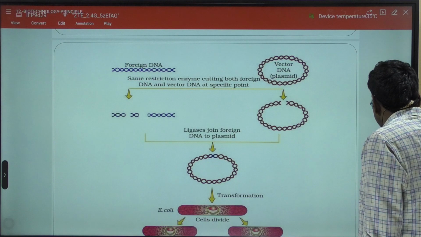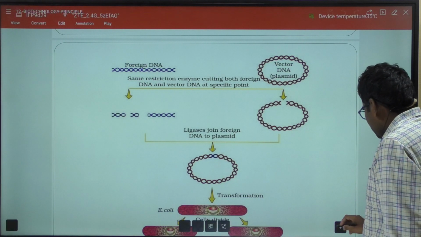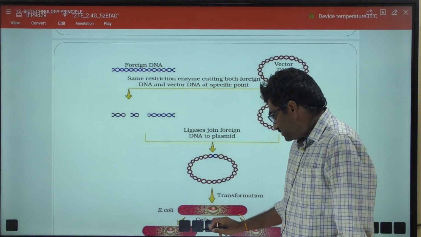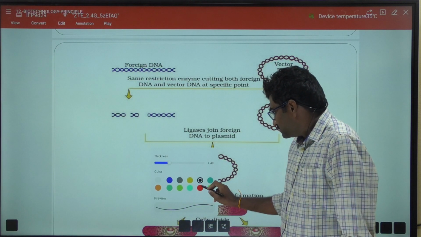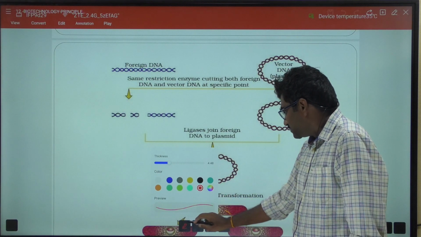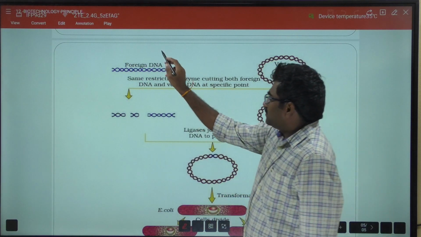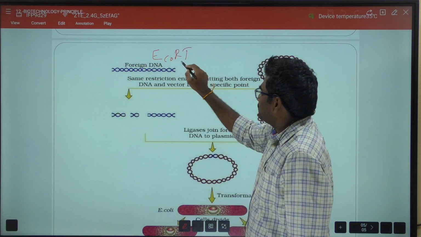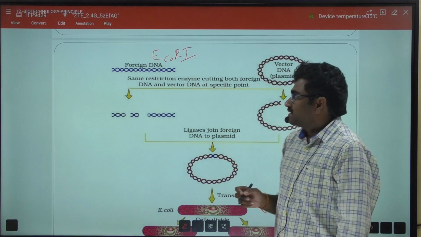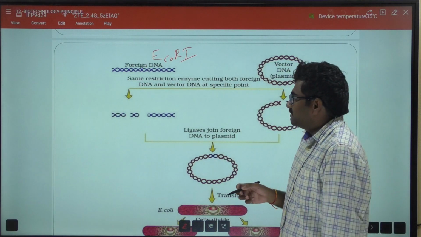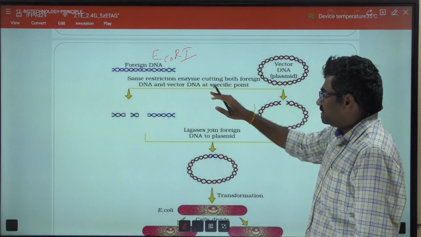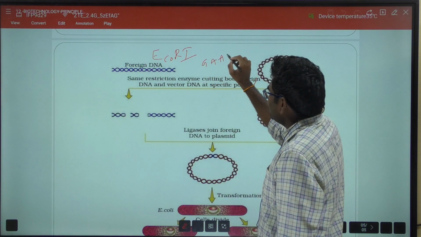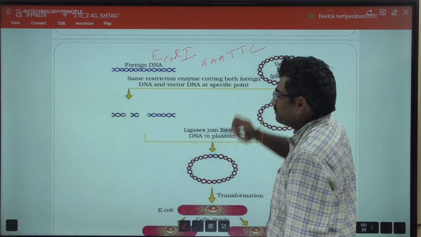Here, foreign DNA as well as vector DNA are cut with the same restriction enzyme, that is EcoR1. What is EcoR1? It is a molecular scissor, a restriction endonuclease, which cuts the DNA at a specific sequence. The sequence is known as GAATTC, right?